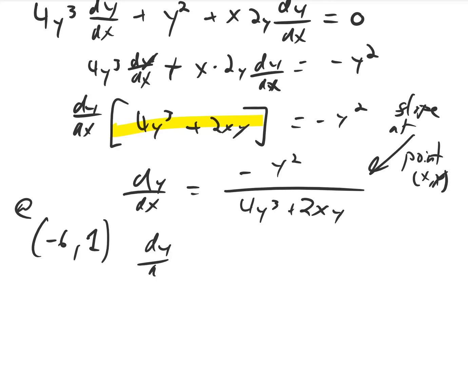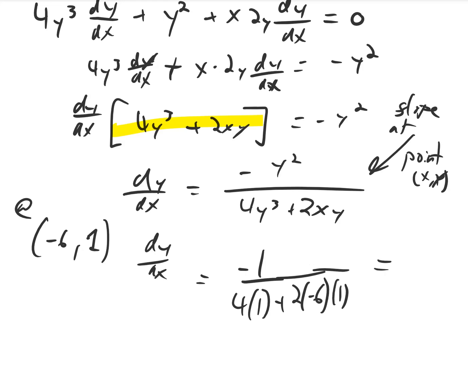dy dx equals negative, let's see, 1 squared, so -1 over 4 times 1 to the third plus 2 times -6 times 1. So that's -1 over 4 minus 12 equals -1 over -8 equals 1 over 8.